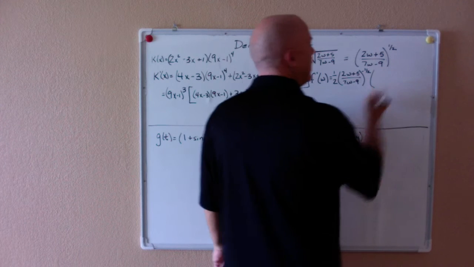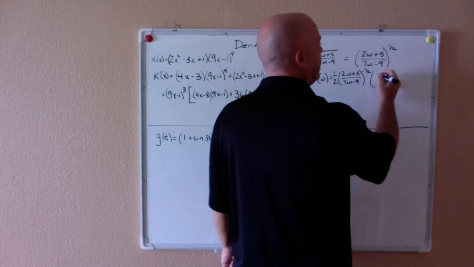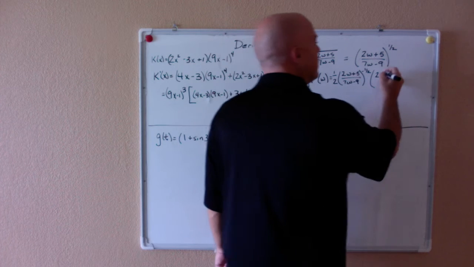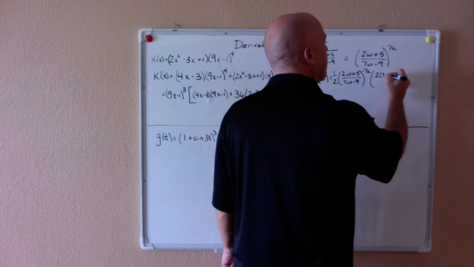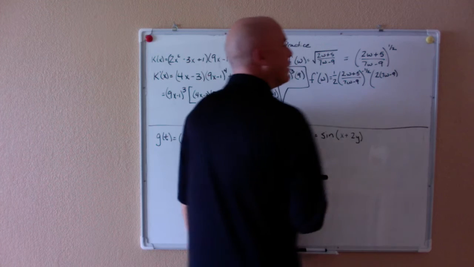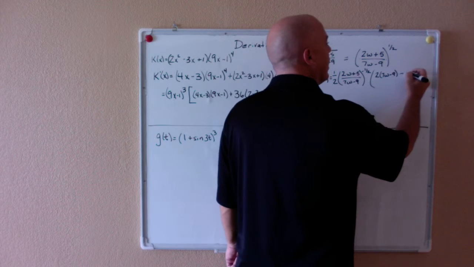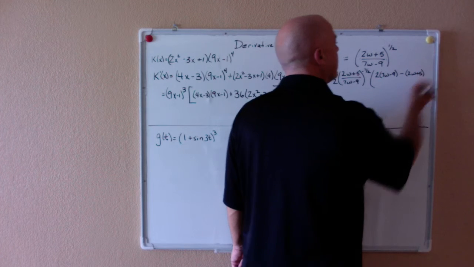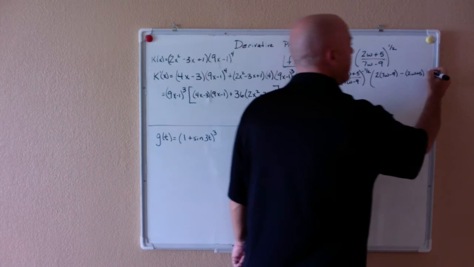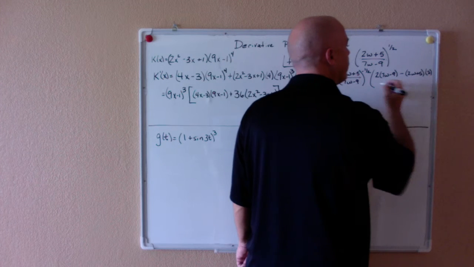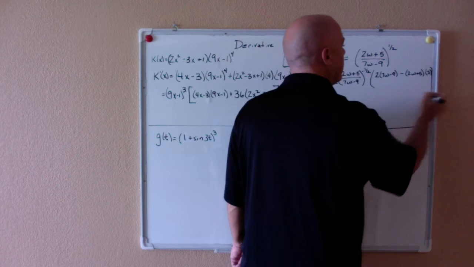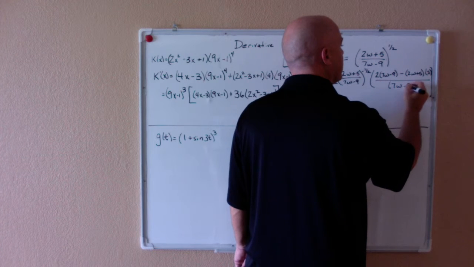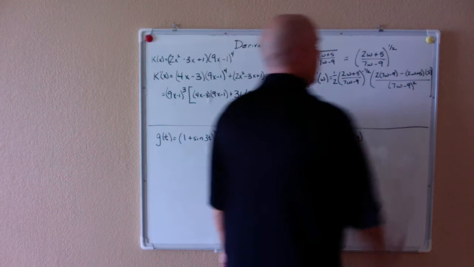The derivative of the inside function is going to be the derivative of the numerator, which is 2, times the denominator, 7w minus 9, minus the numerator, which was 2w plus 5, times the derivative of the denominator, which is 7, all over the denominator squared, 7w minus 9 squared.